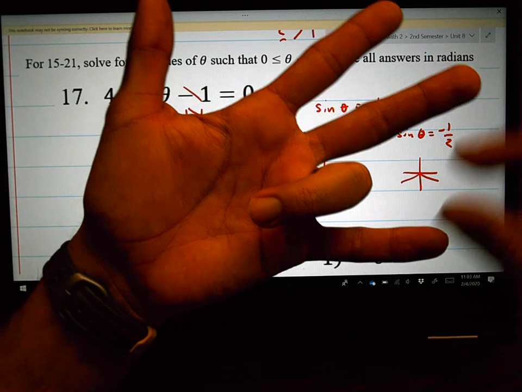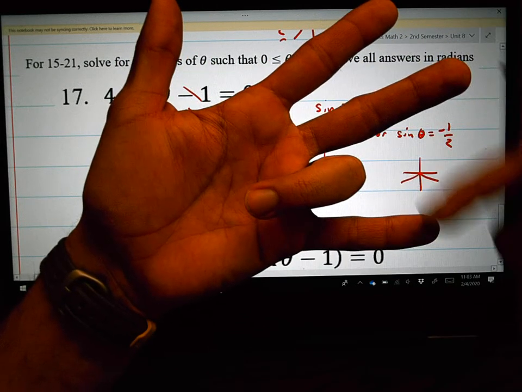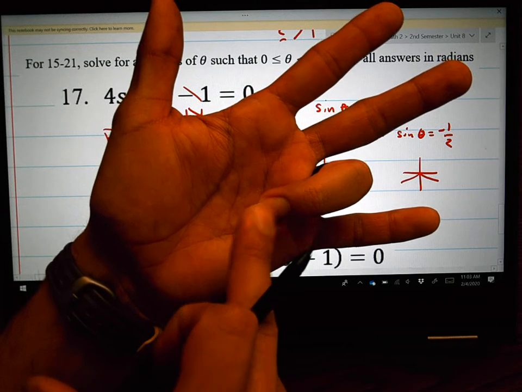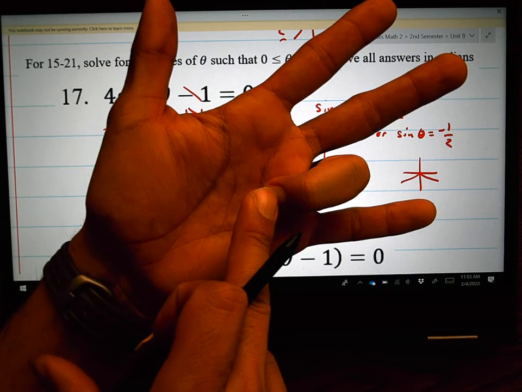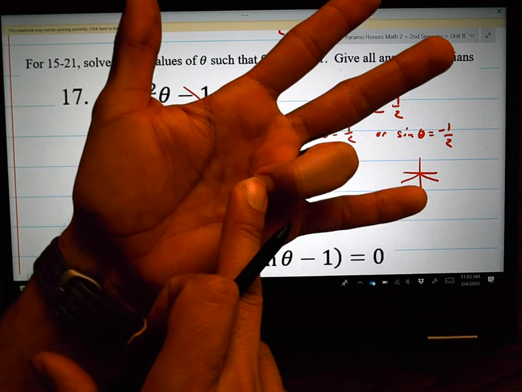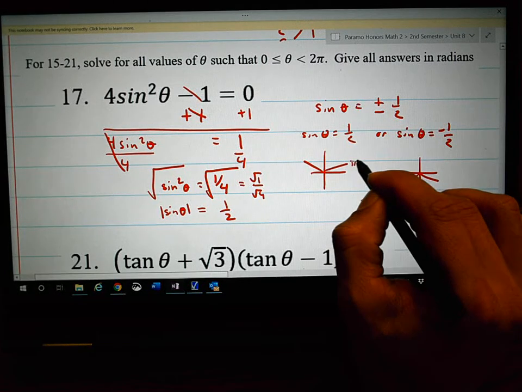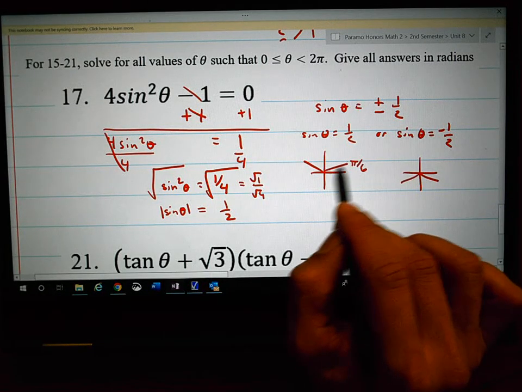Cosine's on the left, sine is on the right. What is this in radians? Say it out loud. Pi over 6. Pi over 6. That is the reference angle. That's actually this possibility right there.